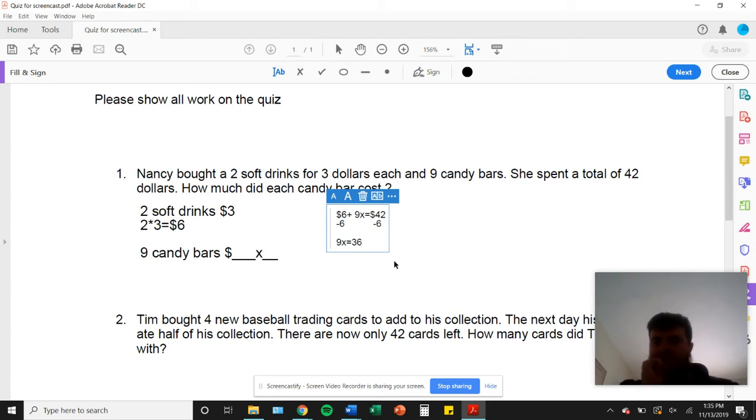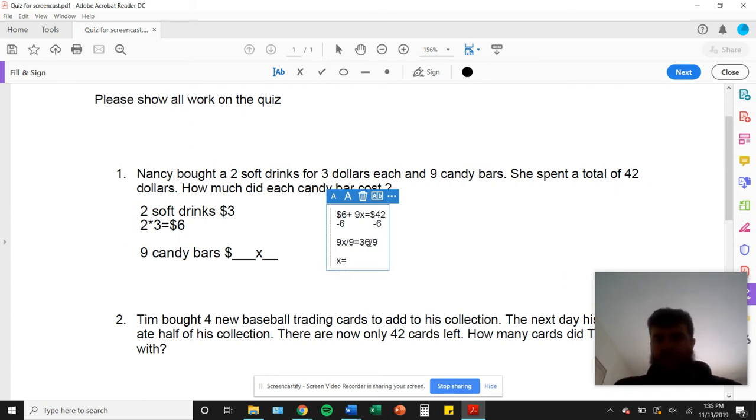Now, what's the last step if you don't know? I'm going to give you a second to think about it, and it should be dividing by 9 on both sides. Those two 9s cancel each other out, so all we're left with down here is x.